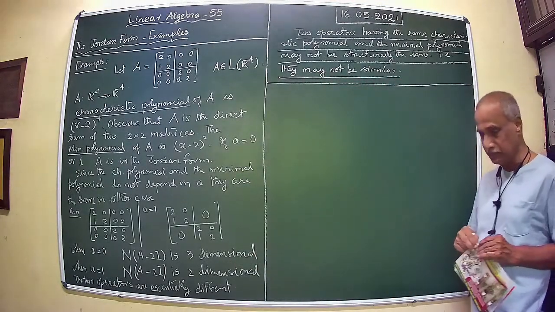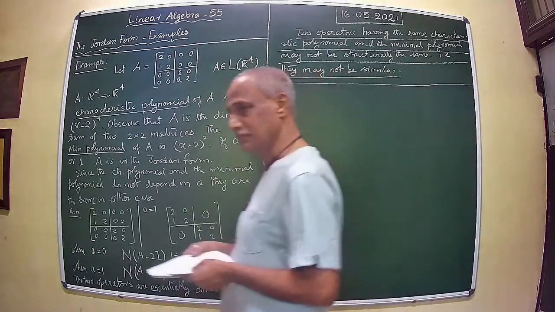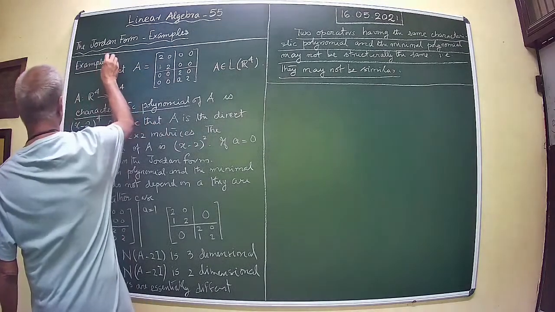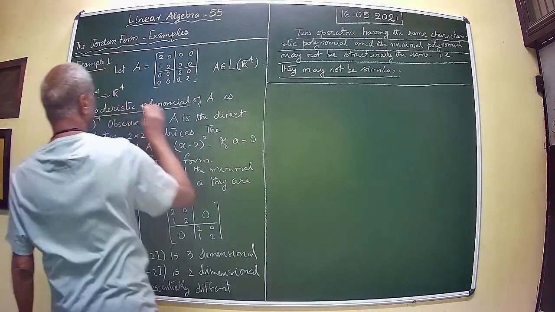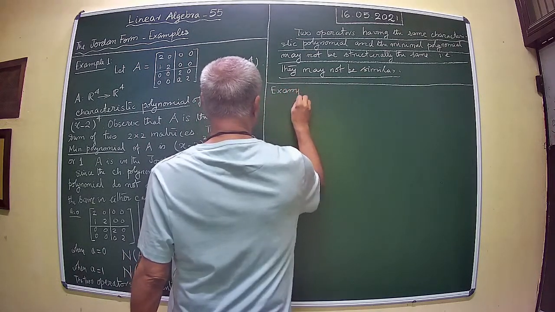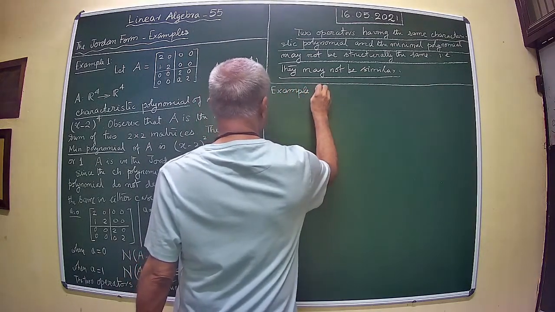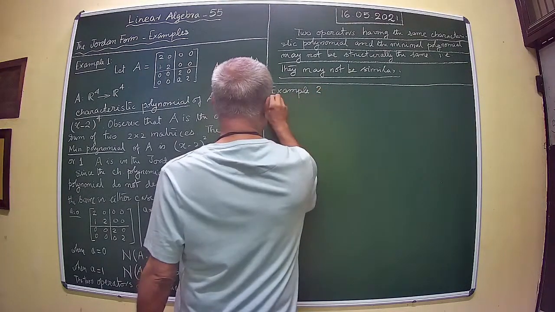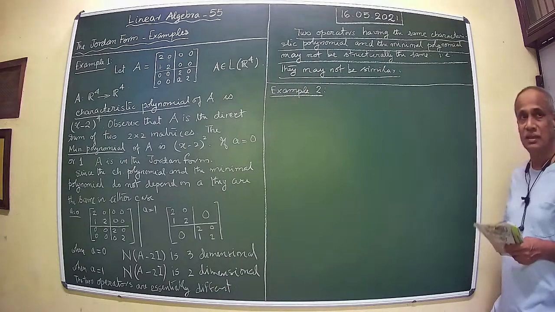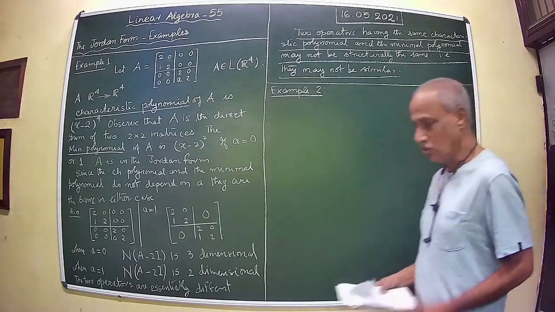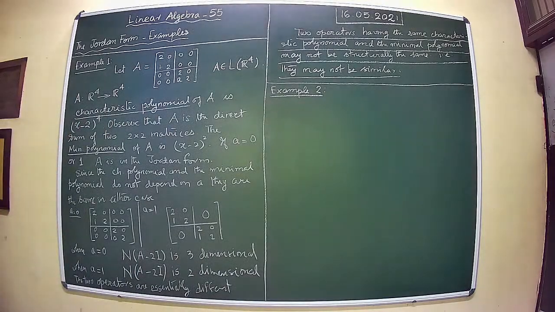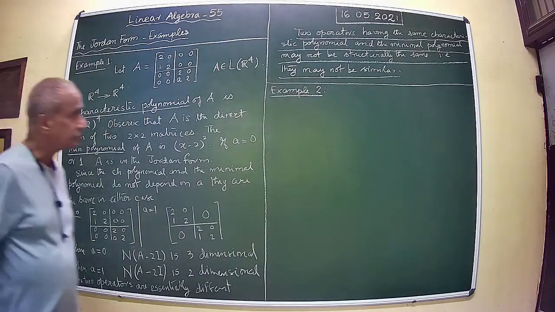So we come to another fascinating example. Now this has something to do with differential equations. So the next example. This is something to do with the linear homogeneous ordinary differential equations and their solutions.